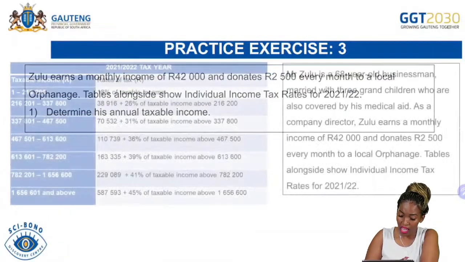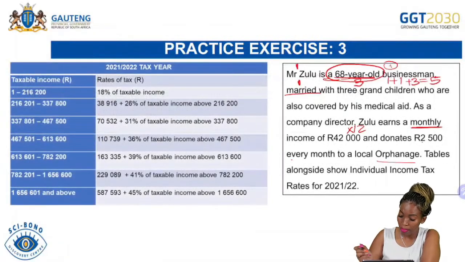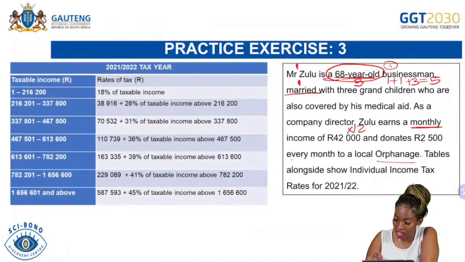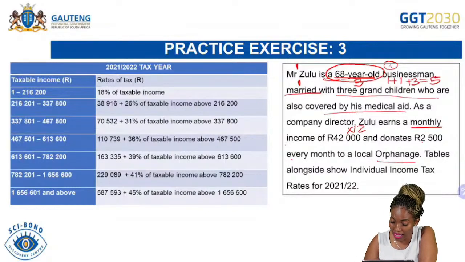We know that they said here that Zulu is 68 years old, he is a businessman that is married with 3 grandchildren who are also covered by his medical aid. And as a company director, Zulu earns a monthly income of 42,000 and donates 2,500 every month to a local orphanage.